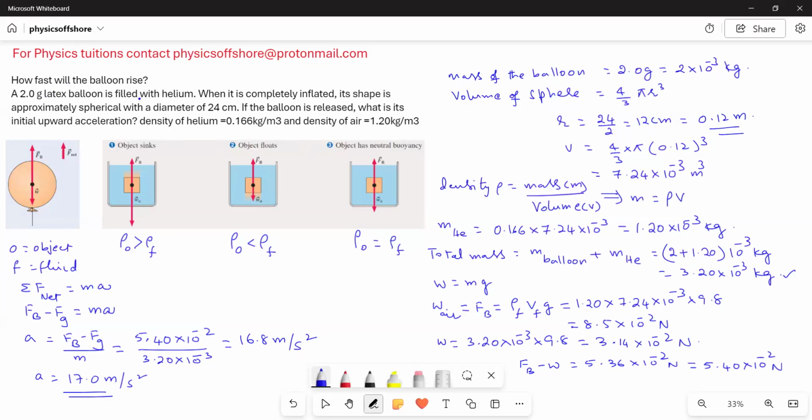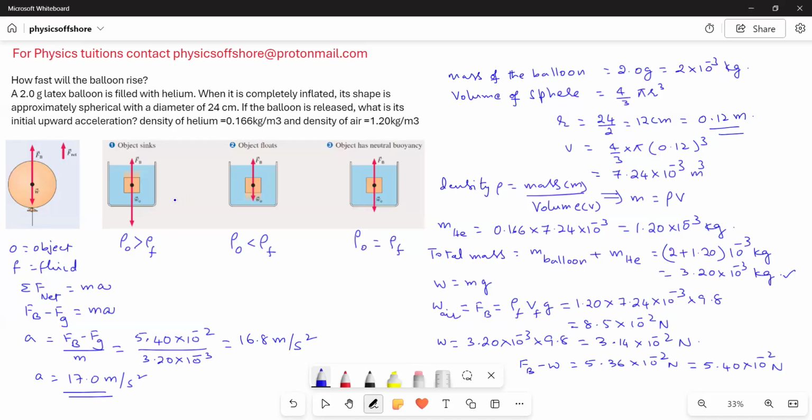The data points are given to us. This problem is based on three principles: the Archimedes principle, Newton's second law, and the law of flotation and buoyancy.